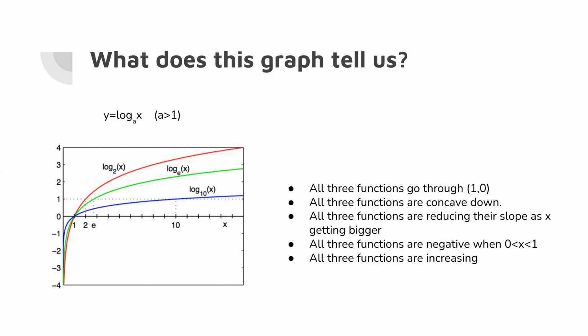All the functions with base larger than 1 reduce their slopes as x gets bigger, and all three functions are negative when x is between 0 and 1, and this is the opposite when a is smaller than 1. All three functions are increasing, and this is the opposite, which means it will decrease when a is smaller than 1.